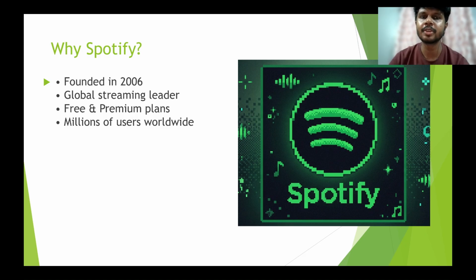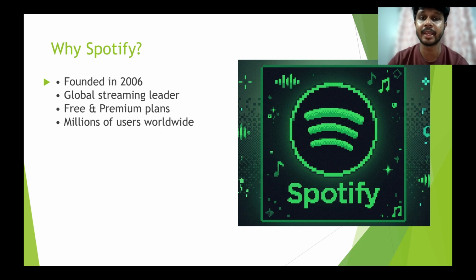One of Spotify's biggest strengths is its freemium business model, which provides two subscription options. This means the user has two choices: the free plan or the premium plan. With the free plan, users can listen to music or podcasts without paying a single penny from their pocket.